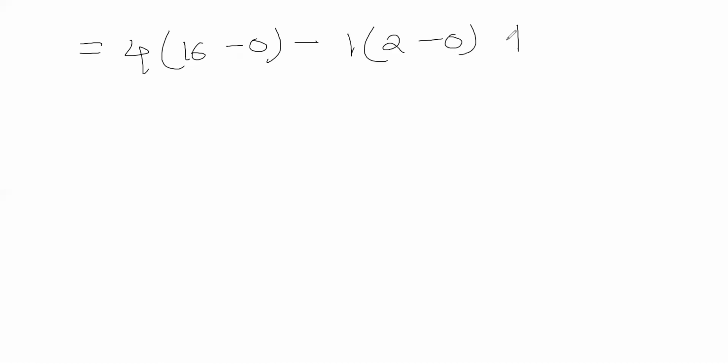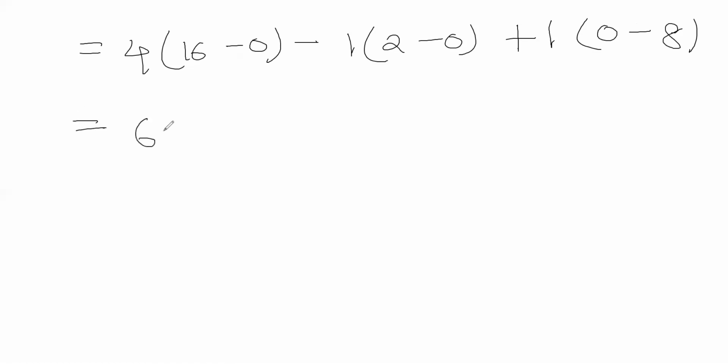Now, after doing the calculation, what do we get? We get 4 into 16 minus 0, minus 1 into 2 minus 0, plus 1 into 0 minus 8. I hope that you understand this calculation well, why there is a negative sign and why there is a positive sign, as you have learned it in the matrix operations part thoroughly, so I'm not going into details.